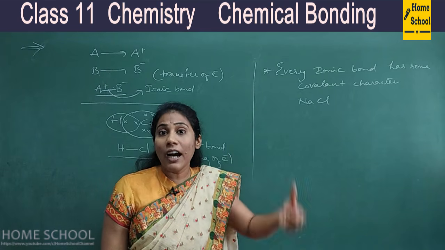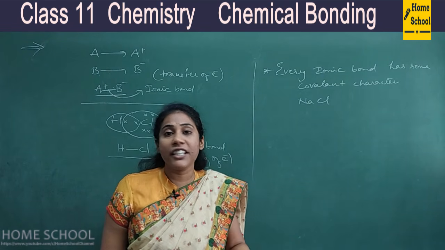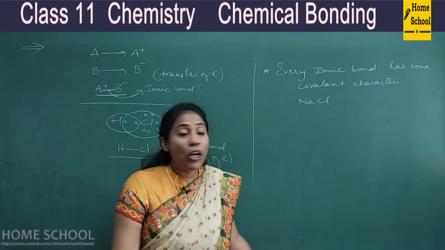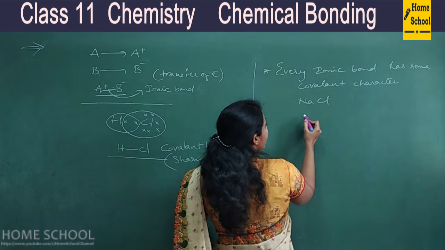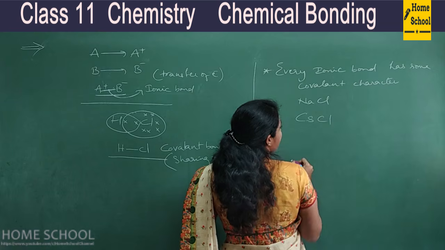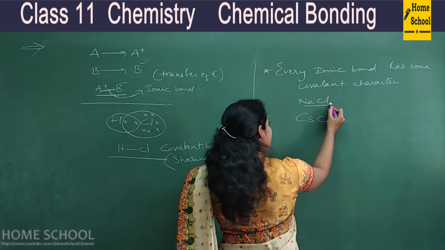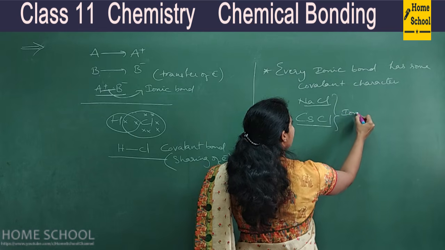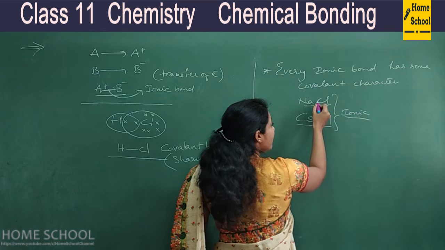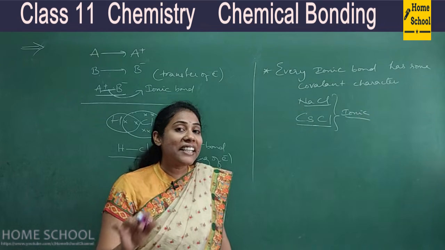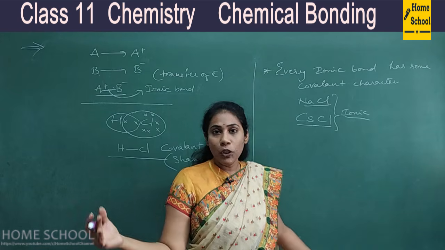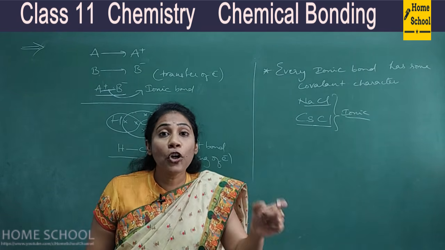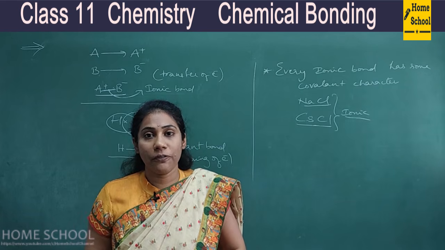How do you find to what extent covalent nature is there in a particular ionic compound? Or if you want to compare, say you have sodium chloride and cesium chloride, right? Both are ionic compounds. But in which compound is the covalent character more? I told you, in every ionic compound, a little covalent character you will observe.